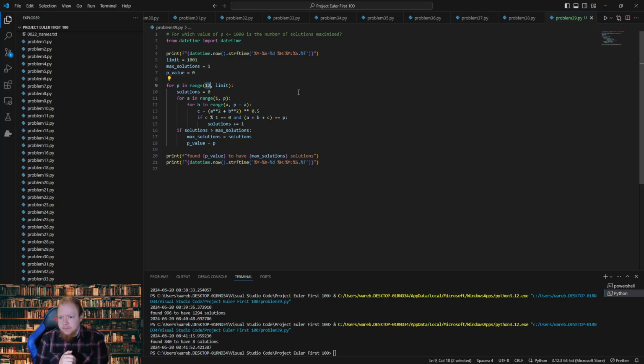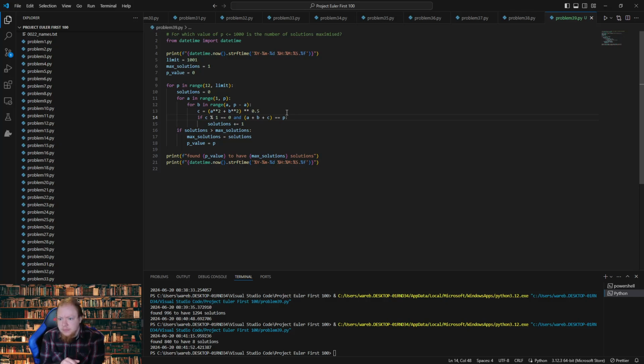And then we said, okay, let's start with A. A could be 1 through P. B could be A through P minus A. C always has to equal the square root of A squared plus B squared. C has to be an integer, and A plus B plus C has to equal P.